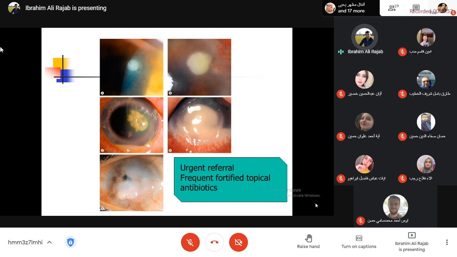Corneal infiltrate means infiltration of white blood cells gathering in the site of insult, the site of inflammation, with corneal epithelial defect, I mean corneal ulcer. So corneal infiltrate and corneal ulcer are the signs of bacterial keratitis. We treat the patient with a cycloplegic agent to relieve the pain and a fortified topical antibiotic.